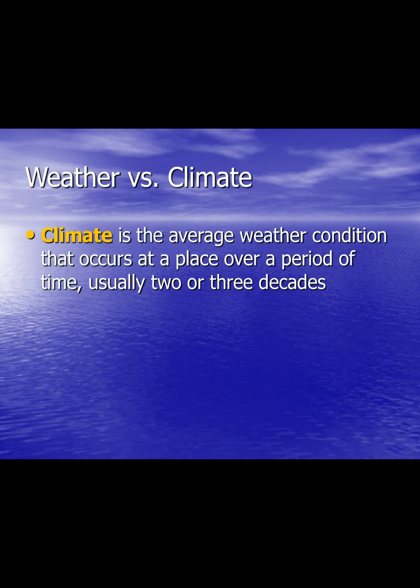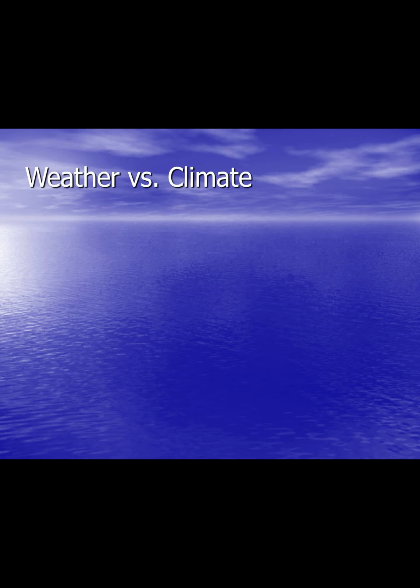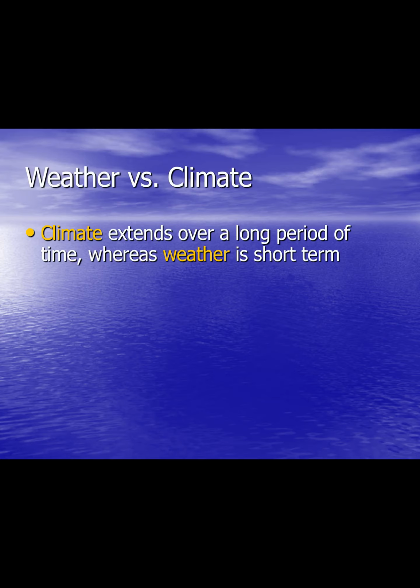So climate is what we call our average weather conditions over a long period of time, usually 2 or 3 decades. That's 20 to 30 years, okay, over a long period of time. It includes our temperature, it includes rainfall, all those types of things.